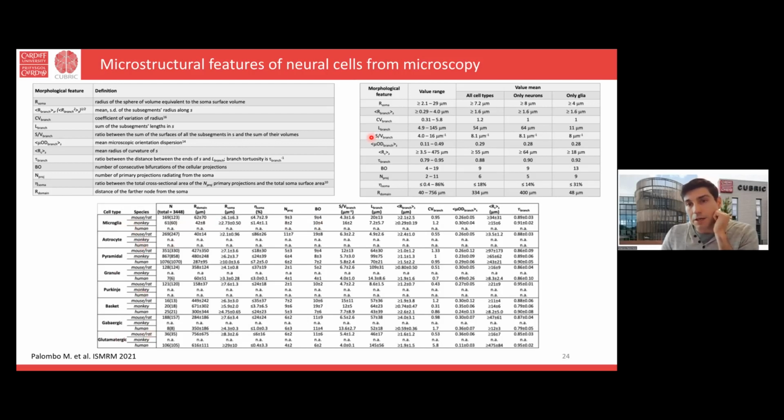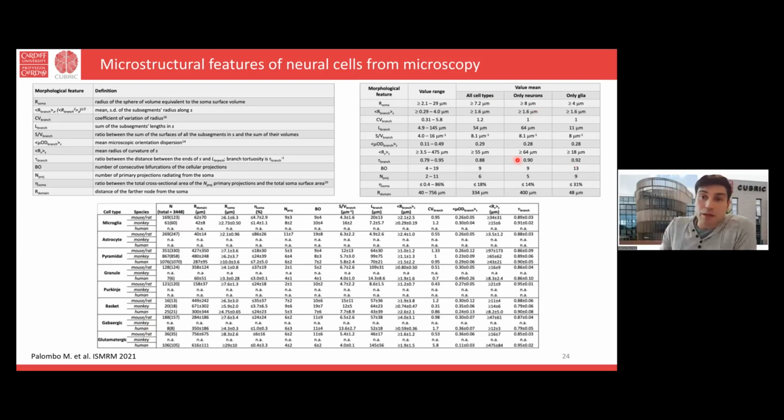As a summary here, you can see we have divided them into neurons and glial cells. And you can appreciate how very different some of the features are and how very similar some others are. This already tells us a lot about our ability to differentiate neurons from glia using only one technique, such as diffusion MRI, that doesn't contain cell type specificity in the way it probes the microstructure.